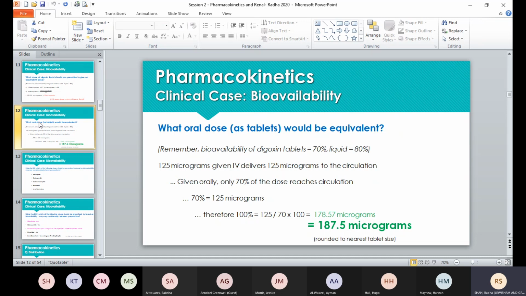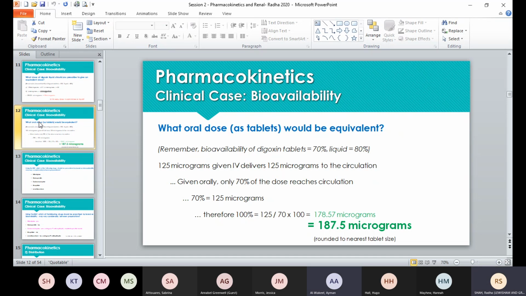Therefore, to get the same amount reaching the systemic circulation, you would have to do 125 divided by 70 times by 100, which is 178.57 micrograms, and then the equivalent dose, because of the tablet size, would be 187.5 micrograms.